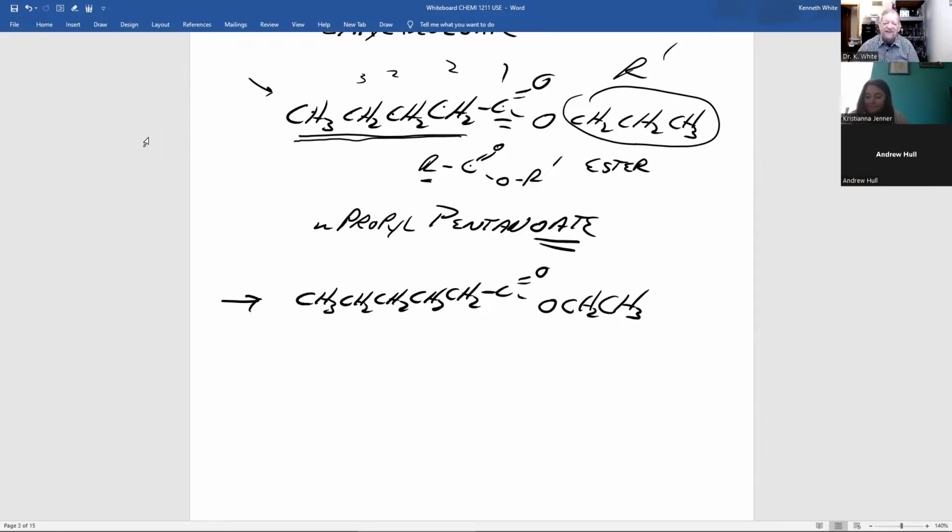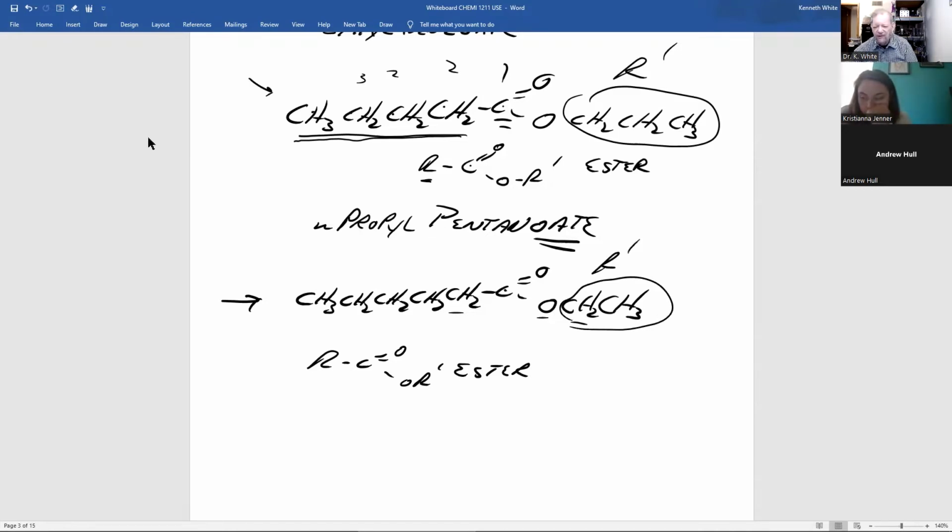All right, let's do it. What do we see that's different? Ooh, a carbonyl, oxygen with carbons on it, and carbons on that carbonyl. This is an ester. And how do we do this? We call this R prime, and we name it in front, ethyl.